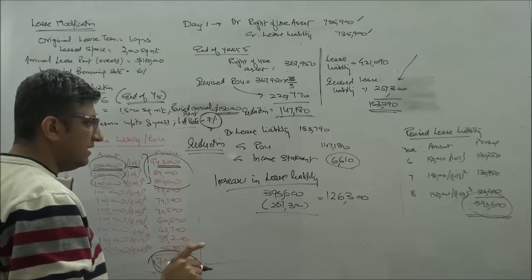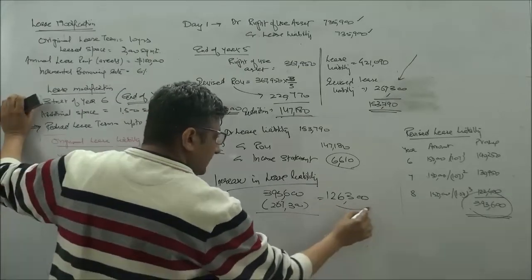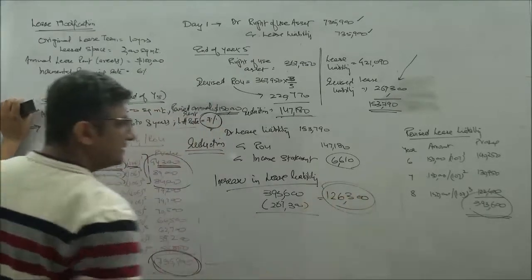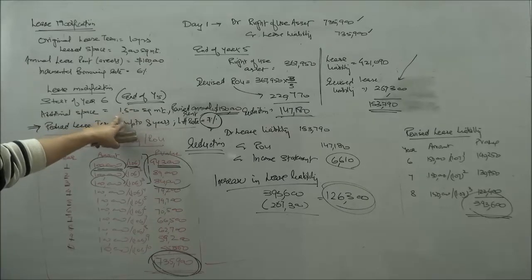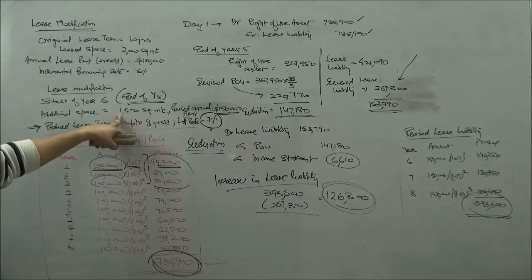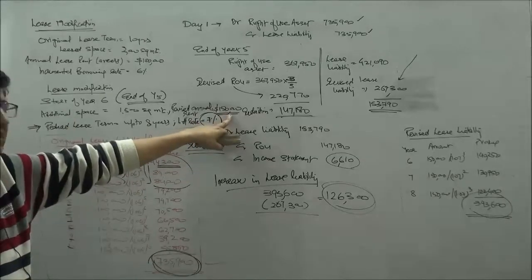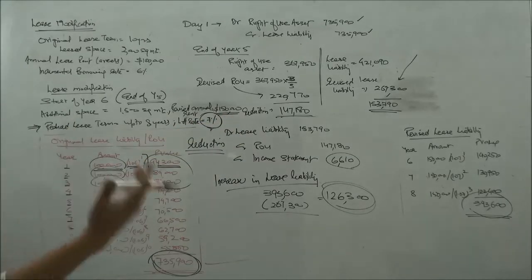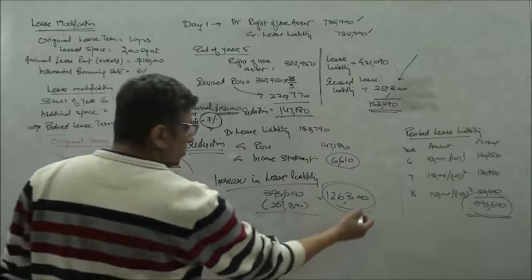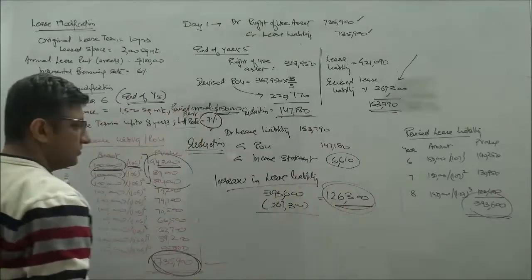Basically what I'm trying to say now is that this is the addition to the lease liability, because my scope of the lease has changed, it has increased, and with respect to these incremental cash flows or the new cash flows, the total change in my lease liability is 126,300 positive.